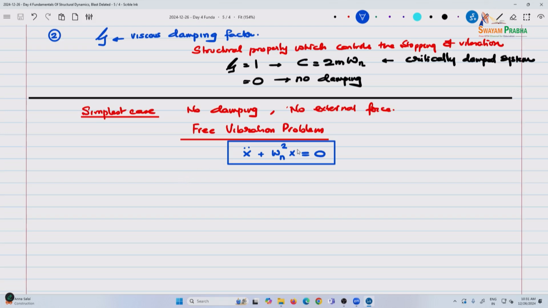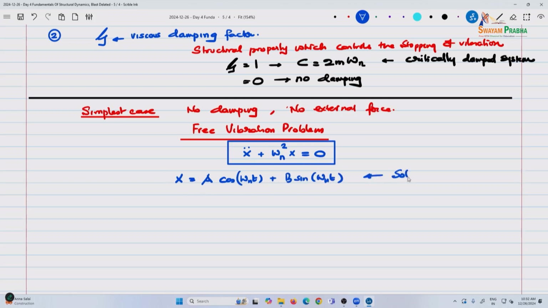Going through the solution, this is time dependent, so we need initial values. Omega is boundary conditions. The solution to this expression is, let us say, x equal to a cosine omega n t plus b sine omega n t.